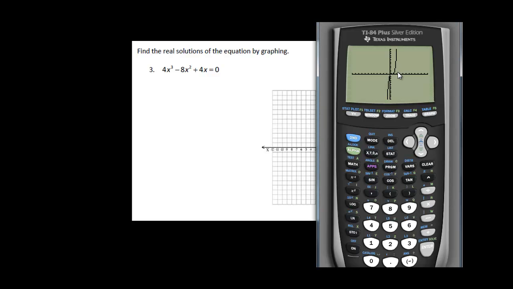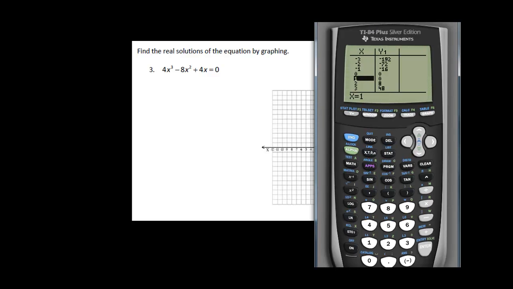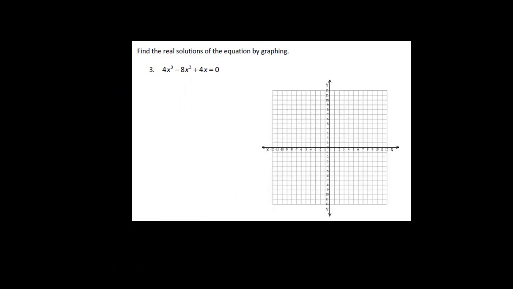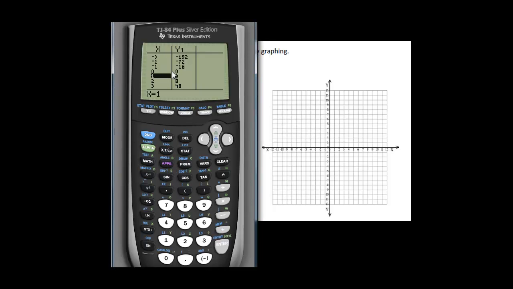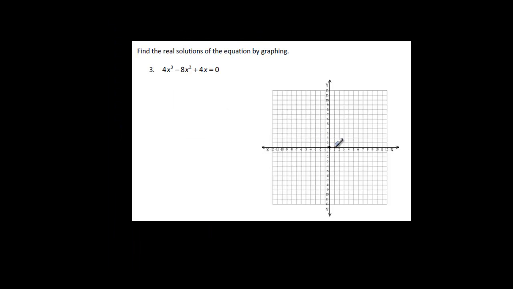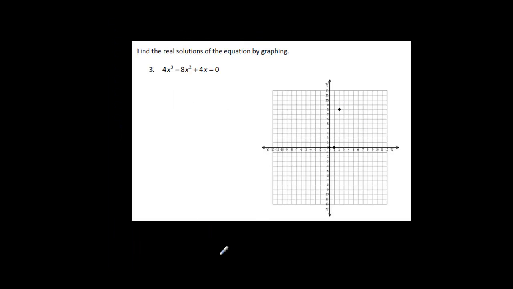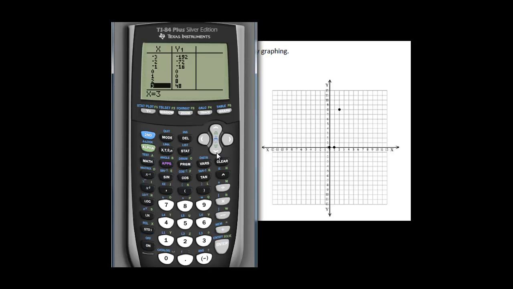Alright, so we need to find the zeros here. So let's first look at our table. See if there's any points that we can plot on here. So the first point is 0, 0, the second point 1, 0. Two comma 8 is another point that we can plot. And that's pretty much it.